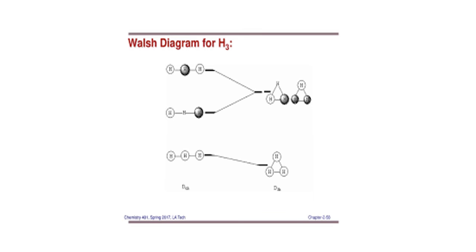Now this type of situation leads to lowering of energy. So 3 sigma, which was anti-bonding in linear geometry, has its energy level slightly reduced, almost parallel to 2 sigma. So in the bonding and anti-bonding molecular orbital energy level diagram for triangular trihydrogen molecular ion, we are showing 1 sigma, and this is 2 sigma and 3 sigma at the same energy level.